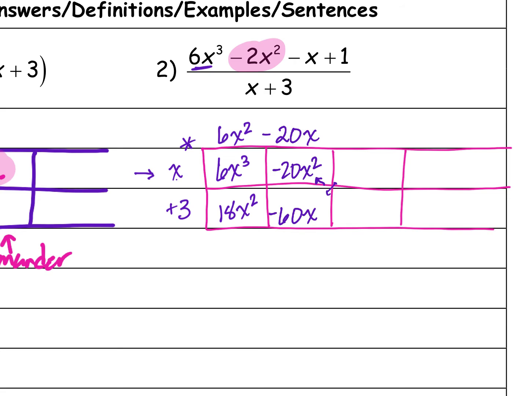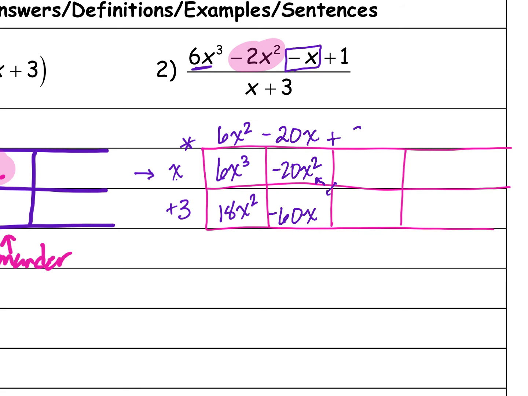Okay. Now I'm going to take these two right here. What do I add to negative 60x to get negative x? So what do I add to negative 60x to get an answer of negative x? 59x.